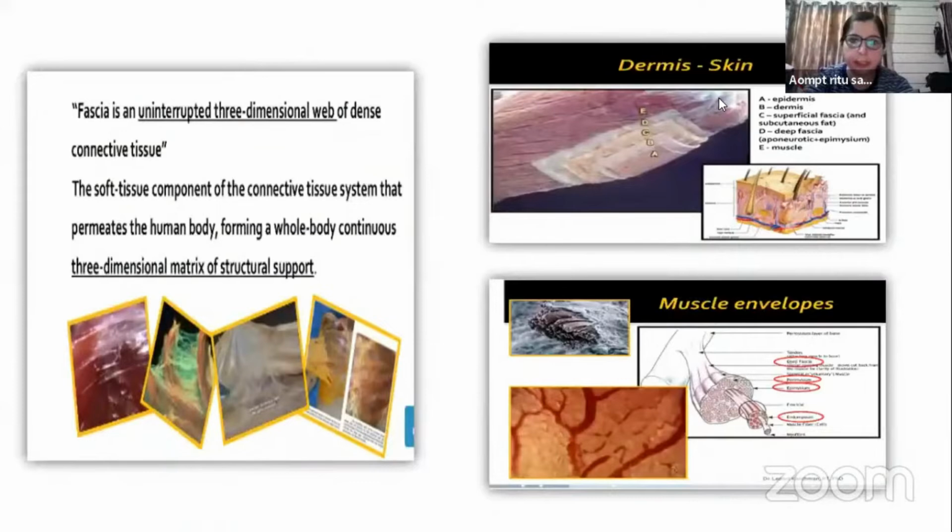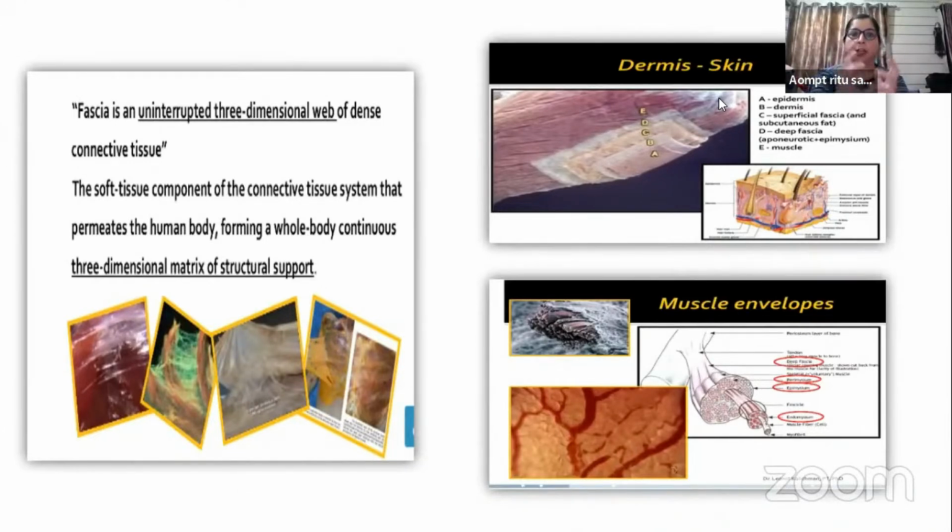So we see how the fascia and the muscle fibers work together because of their collagen fiber, their elasticity, or their protein bonding with each other, with the actin and myosin of the muscle and the collagen and the fascial fiber. So fascia is an uninterrupted three-dimensional web of dense connective tissue.